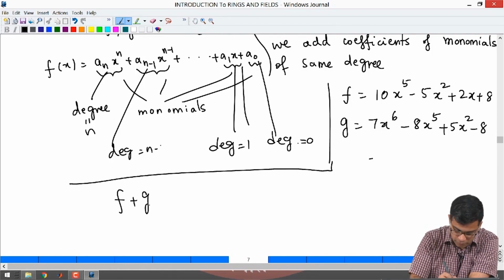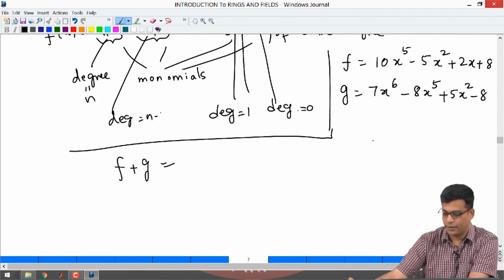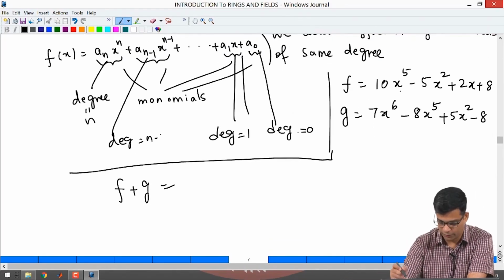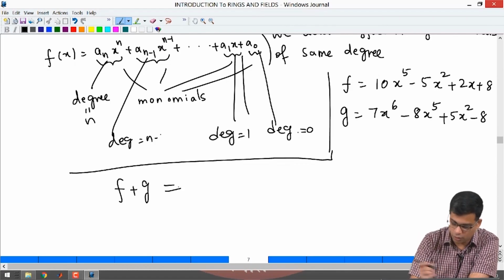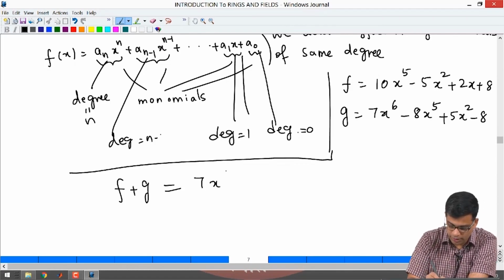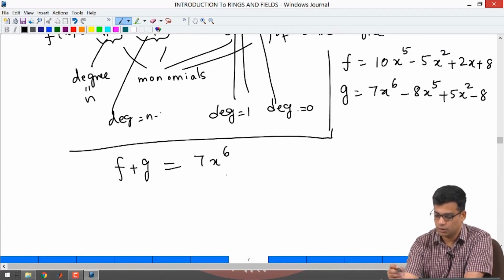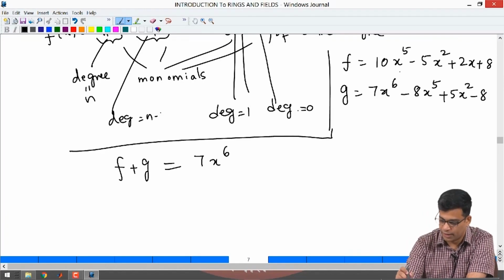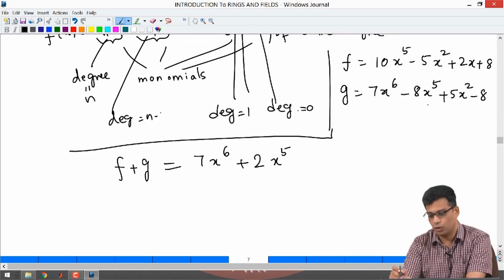You remember you have to add like terms. So you compare terms. The largest degree in f is 5, the largest degree in g is 6. For the degree 6 monomial there is only one, so that is 7x^6. Now x^5 is common to both, so it will be 10x^5 minus 8x^5, which is 2x^5. We add the coefficients of like terms.